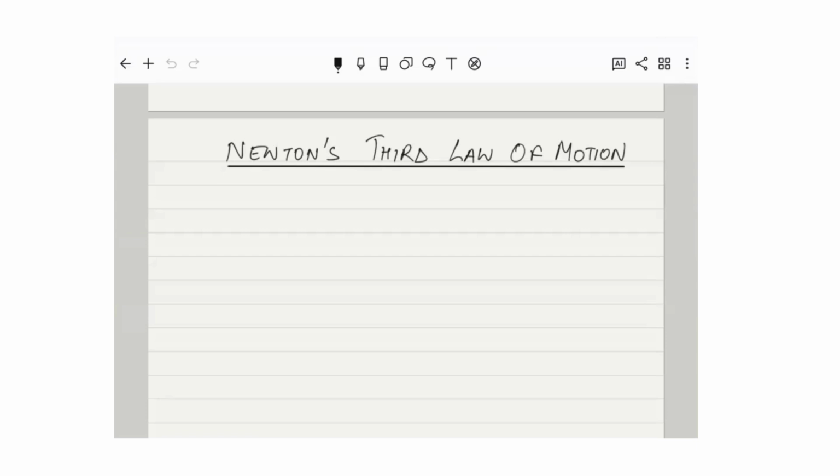Okay. So action and reaction forces are equal in magnitude. So for every action, there is an equal and opposite reaction. This is Newton's third law of motion.